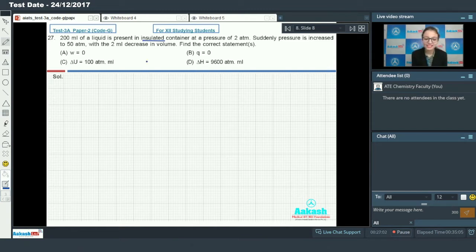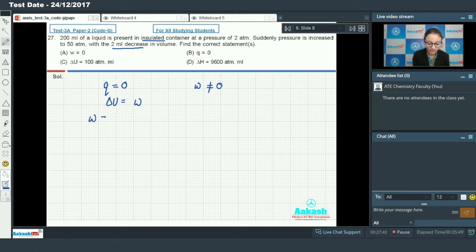The container is insulated, so heat exchange would be 0, and according to first law of thermodynamics, delta U equals to Q plus W. Q value is 0, so delta U would be equals to W. And here there is a contraction in volume by 2 ml. So work done would be a non-zero value.